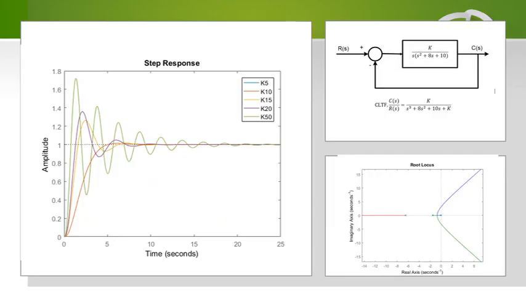In this slide, I have included another example just to illustrate the effect of gain adjustment on the transient response of the system. So let us consider this system. Here, this is the closed loop transfer function, and note that the system is a third order system.